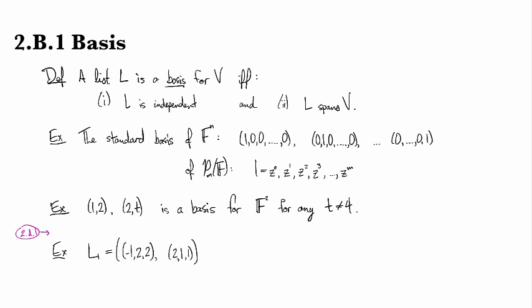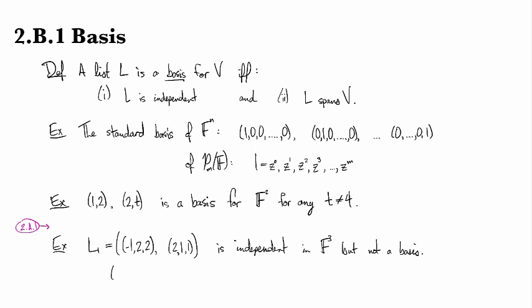Then this list is independent in F3. But not a basis, because I showed in that previous video that (8, -1, 1) is not in the span. And in fact, any vector that has different second and third coordinates is going to not be in the span of that guy.